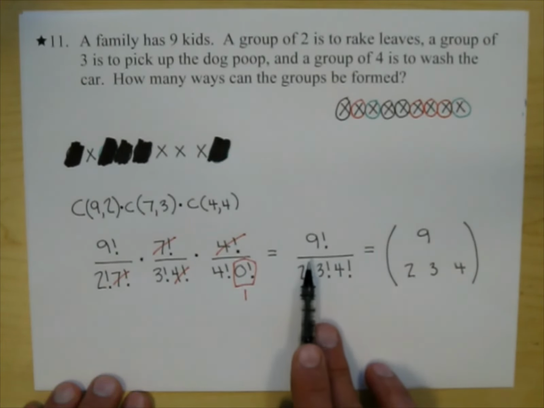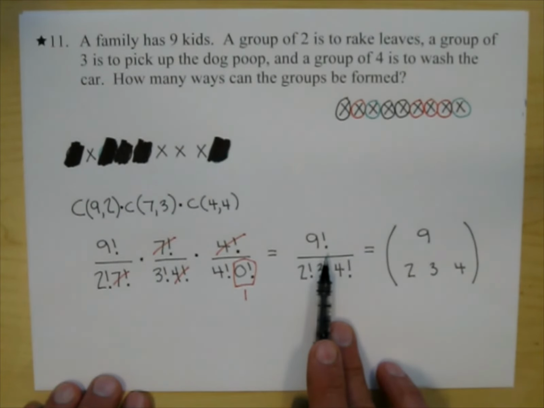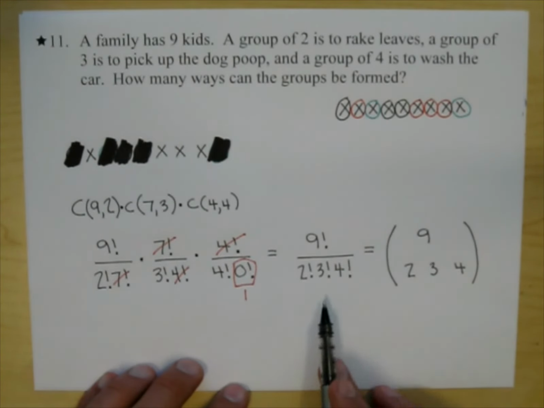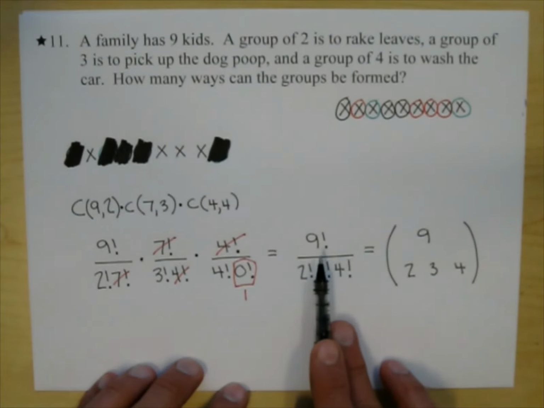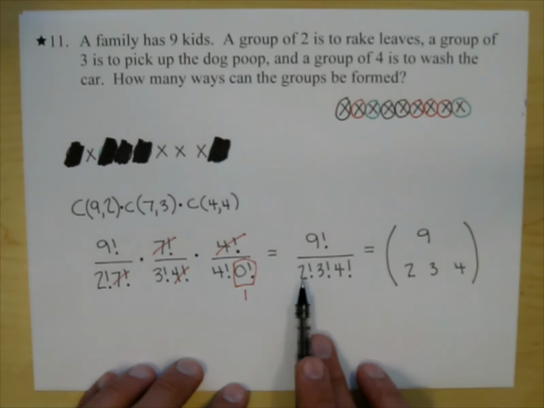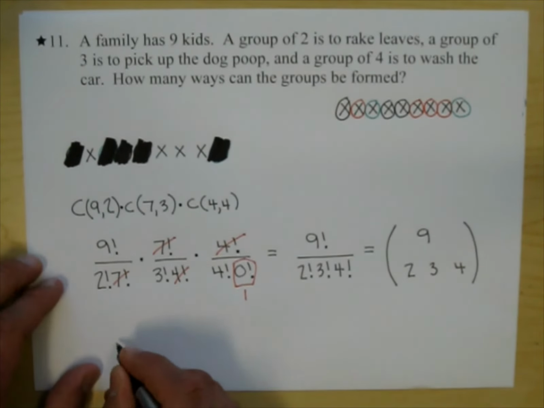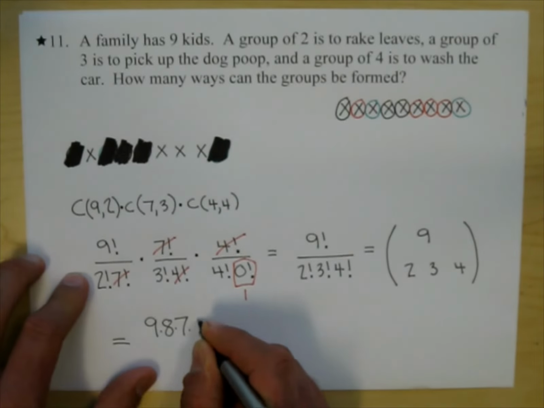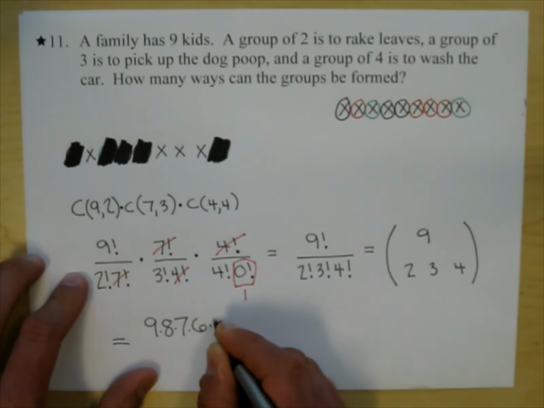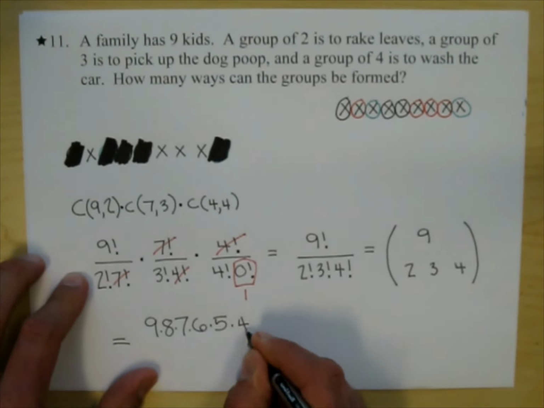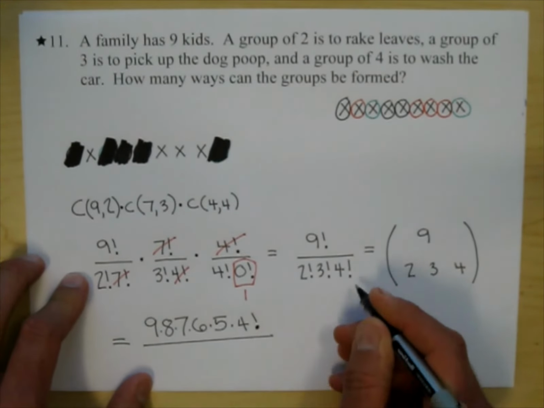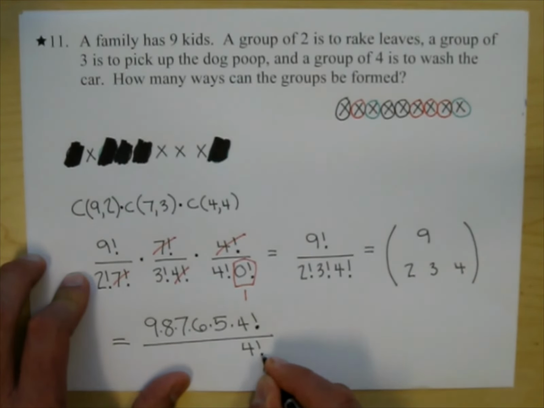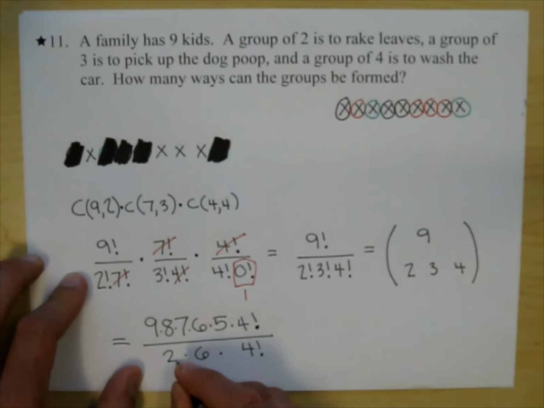And so how would you do this? You'd write them all out, and I mean, I'm not going to concentrate on that. You know, you'd go 9, 8, 7, 6, 5, 4 factorial, cancel the 4 factorials, and then let me just do it, okay? Sorry about that. 9, 8, 7, 6, 5, 4 factorial. Then you have a 4 factorial there, and then 3 factorial is 6, and then 2 factorial is 2.